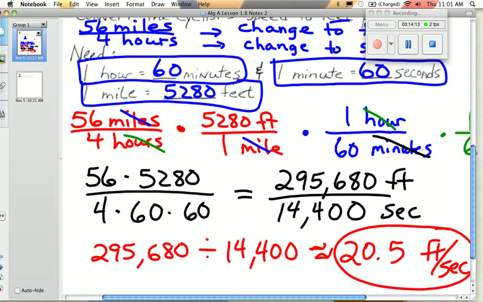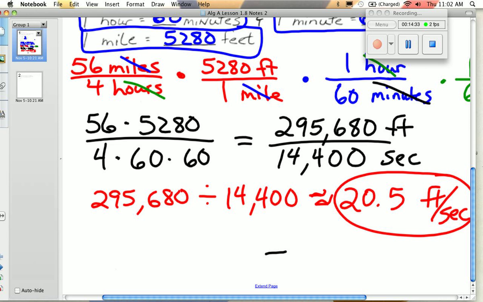How many miles per hour is that? 56 divided by 4. 14 miles per hour, the way we're typically used to hearing it. And they wanted it converted to feet per second. So 14 miles per hour is about the same as 20 and a half feet per second.